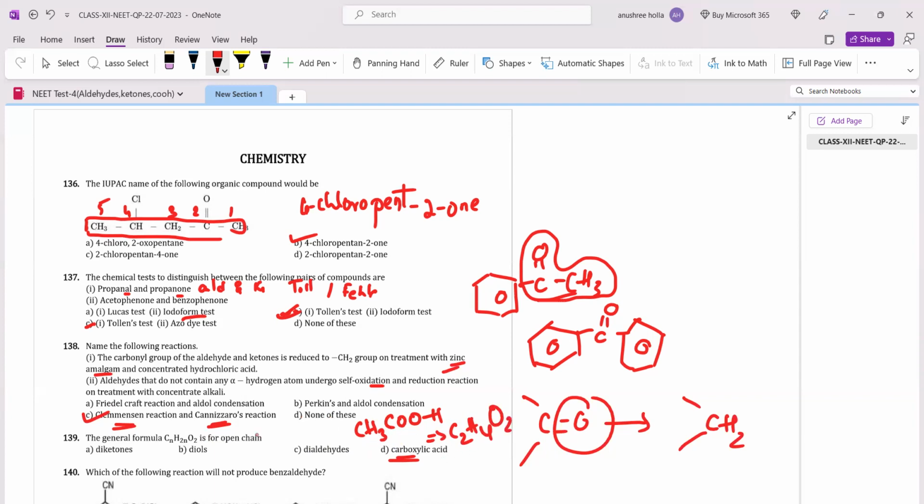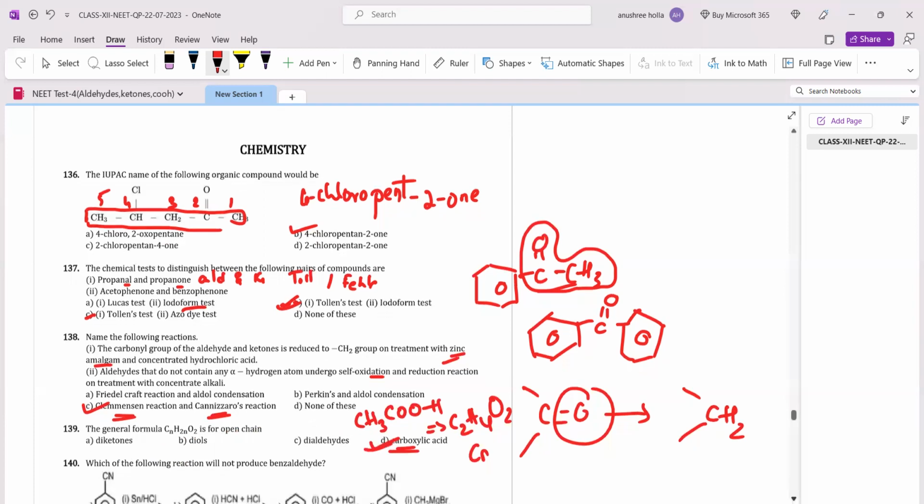Now try to fit this in the general formula. Cn, that means n is 2, H2n, 2 into 2, 4. Yes, I've got 4. And O2, right? I can write this general formula for carboxylic acid. So the answer should be carboxylic acid.